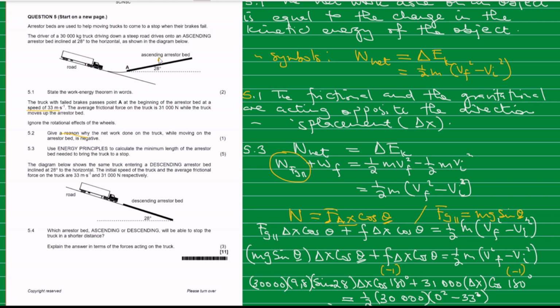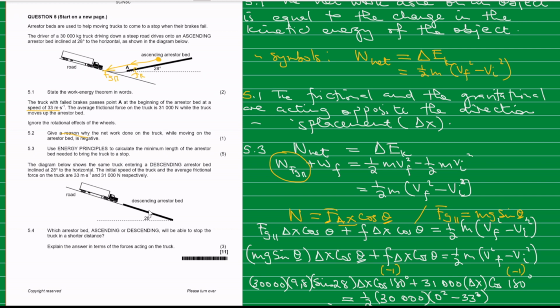If we take the truck as a free body diagram, when the truck is moving up, there are two forces acting on the truck: F_G parallel and F_K. The gravitational force and the frictional force both act opposite the displacement, so there is a greater magnitude of forces opposing the movement.